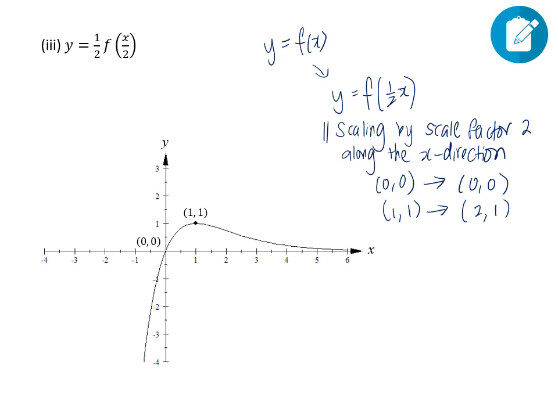And let me mark it out here as 2, 1. And the origin doesn't quite change, so we are talking about a scaling, or rather a stretching of this curve that passes through the origin. The maximum turning point did not quite change, and it stretches a little bit wider along the x direction in this case. So this will be the first transformation.